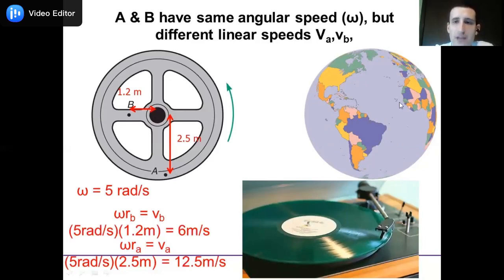You can imagine the Earth like this example if you were looking down on the North Pole, right? As you look down on the North Pole, there would be the people close to the equator that would be out toward the edge of the circle you saw, and the people halfway between the equator and the North Pole would be at like point B, and they would have a smaller, now we want to be careful, everybody on the Earth has the same radius, right? The same distance to the center of the Earth.